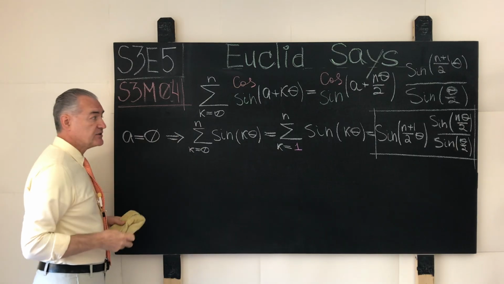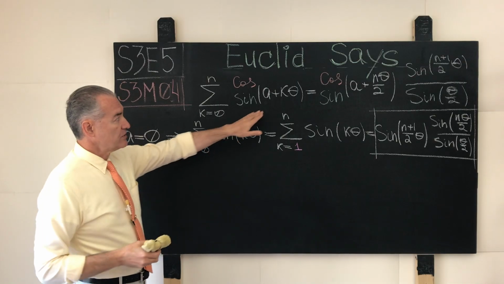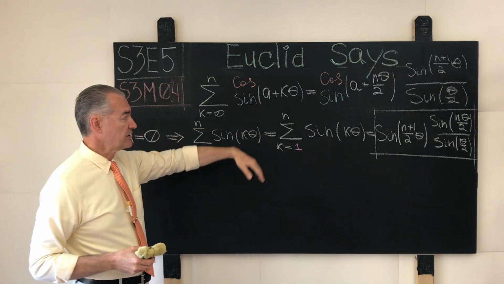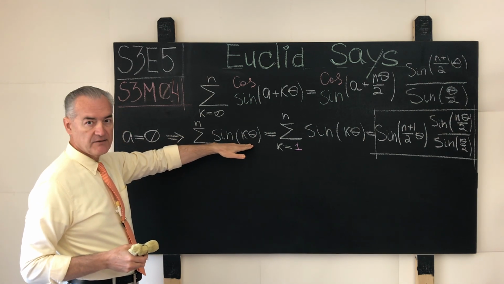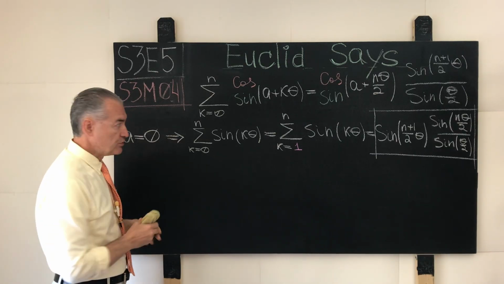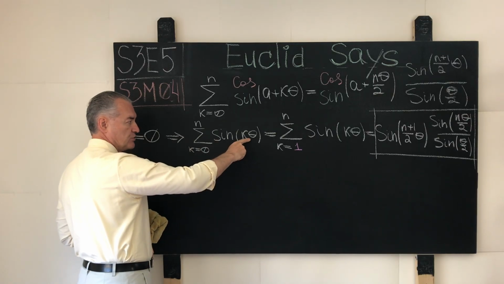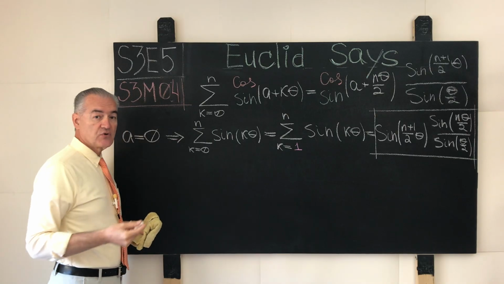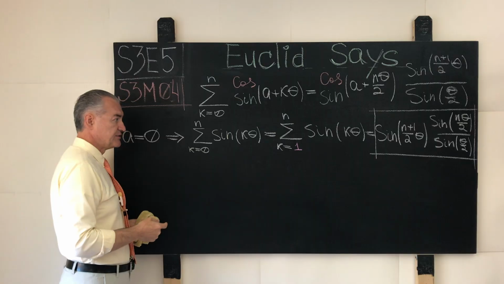Now, in this case, for the sums of the trigonometric function of sine, when the constant real number a is equal to 0, evidently here we will have for the argument sine of k theta, where k varies from 0, and we know that when k is equal to 0, k times theta, or 0 times theta, is 0. The value of the trigonometric function of sine evaluated at 0 is 0.